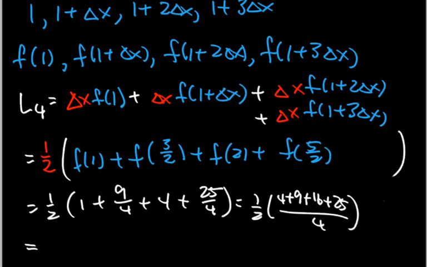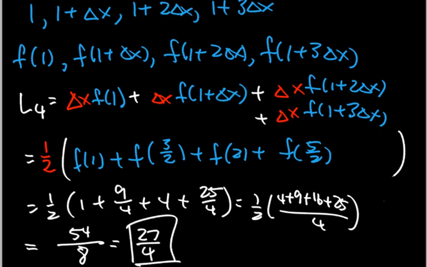And then simplifying that all together, we get, let's see, 16 and 25 make 41. 41 plus 9 is 50. 50 plus 4 is 54. So we get 54 over 8. That can reduce. So if we reduce that by 2, we get 27 over 4. And that is the left-hand approximation.